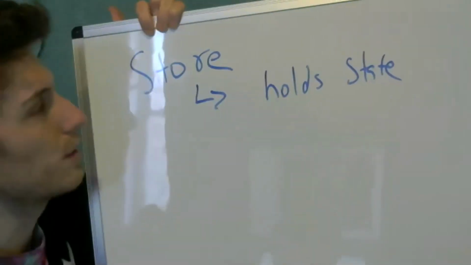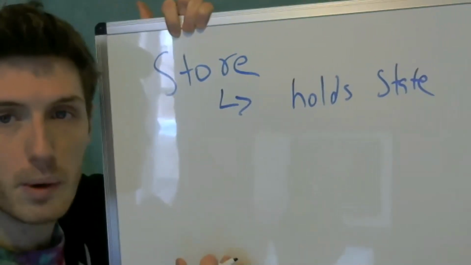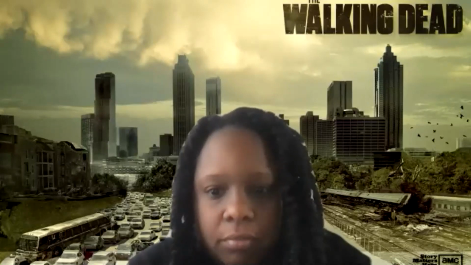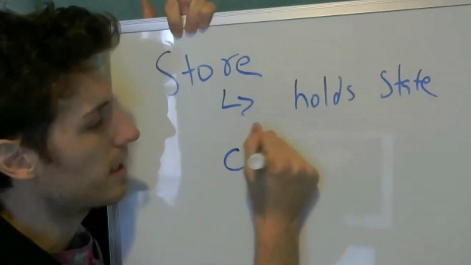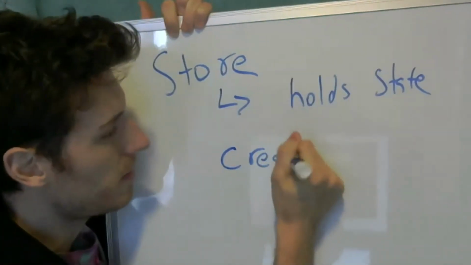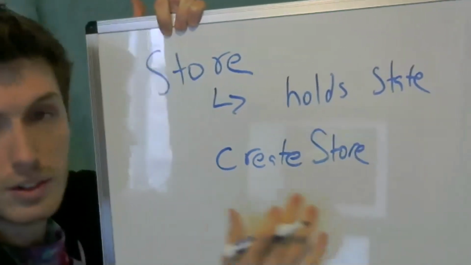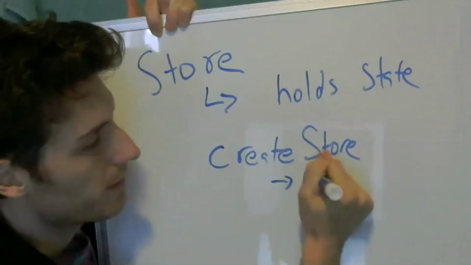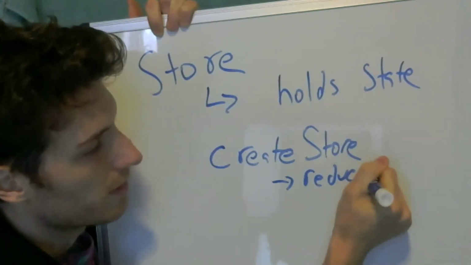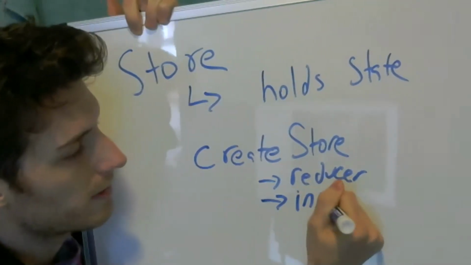Excellent. So what Fowler says is the way we get our store is we import createStore from Redux. So we use createStore, and createStore takes in a reducer. It takes in our initial state.